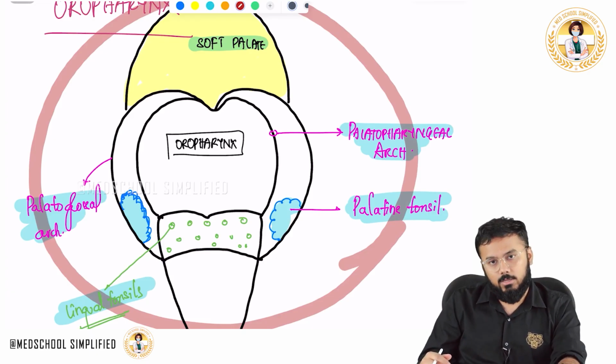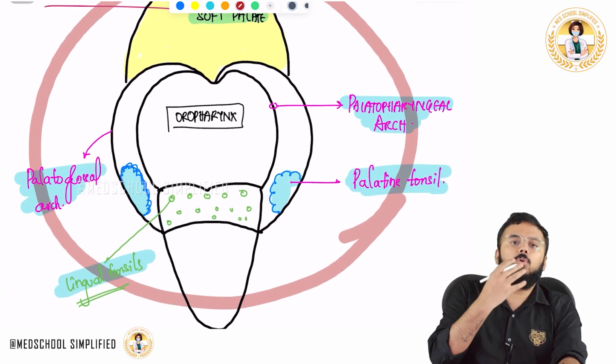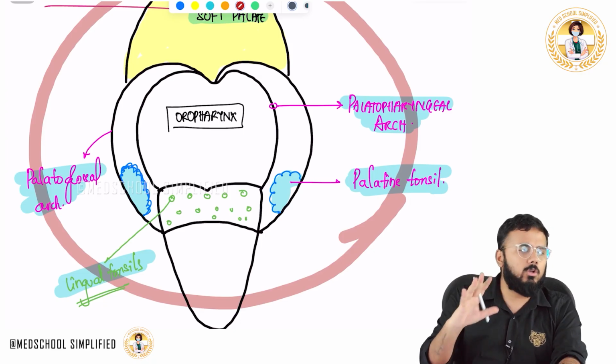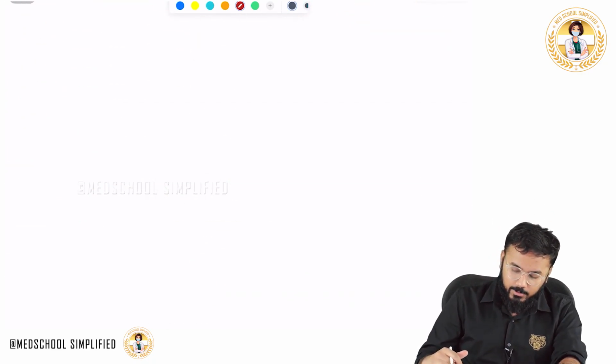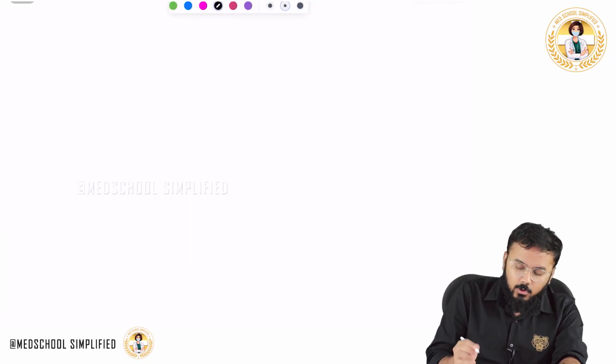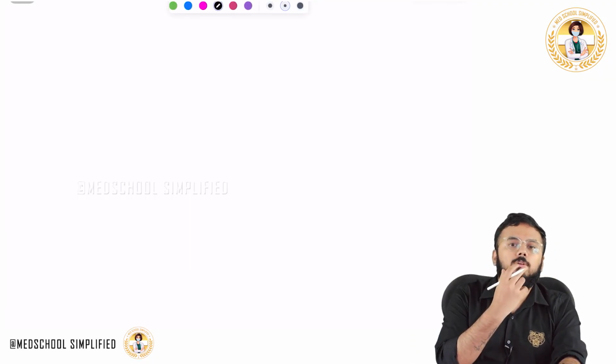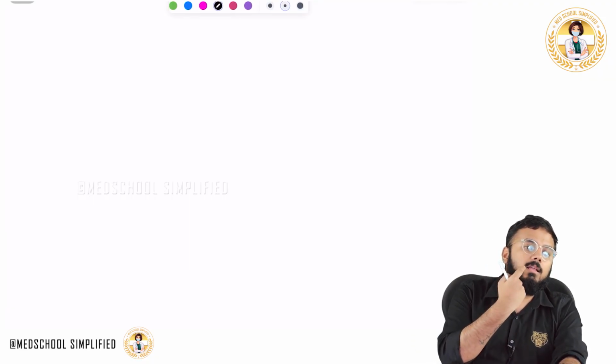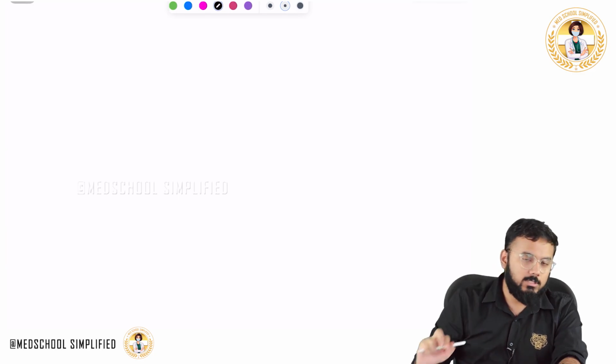Now, second important thing over here is that within the oropharynx, you have got a number of tonsils. For example, if I open the mouth, back there, you can look at a few tonsils, right?